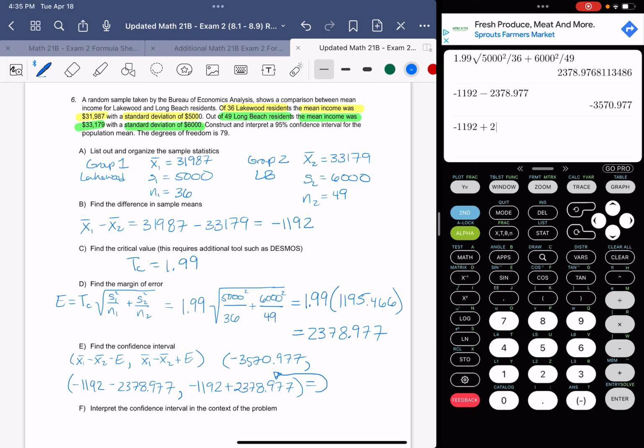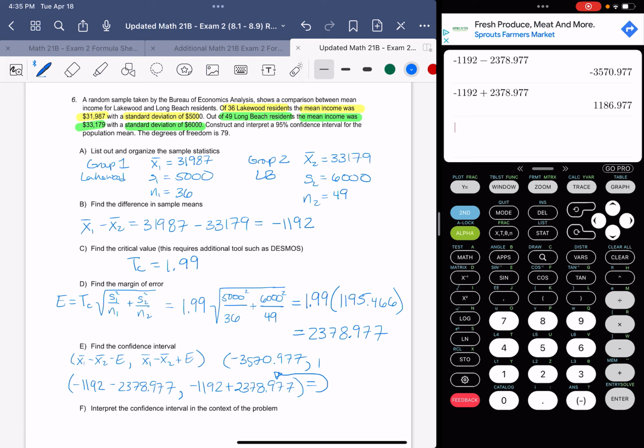And that'll be positive 1,186.977. So that's the confidence interval. I know, it's ugly decimals.